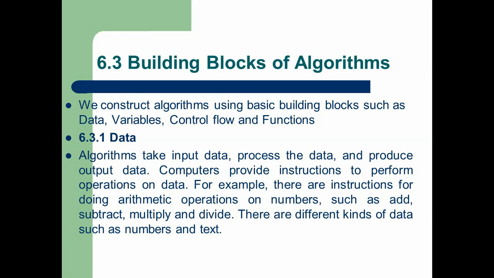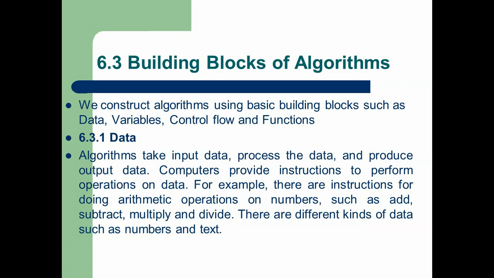Then only can we create the algorithm. After creating the algorithm, we can create programs using any language. Through this programming language, we can solve the problem. So the basic thing is to understand the algorithm, and to understand it, we should know the details of these four blocks.